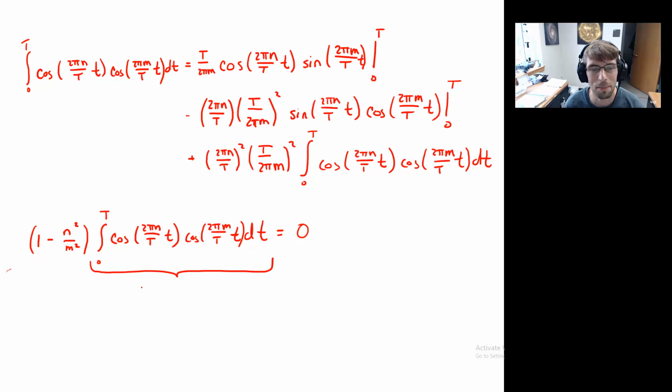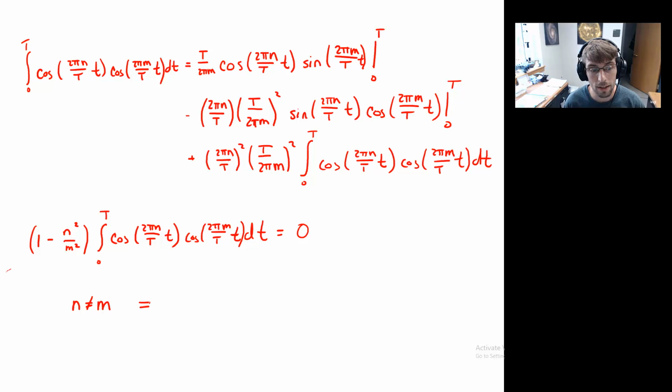What does that mean about the value of the second term? It has to be 0. This must be 0 under the condition that m is not equal to n.